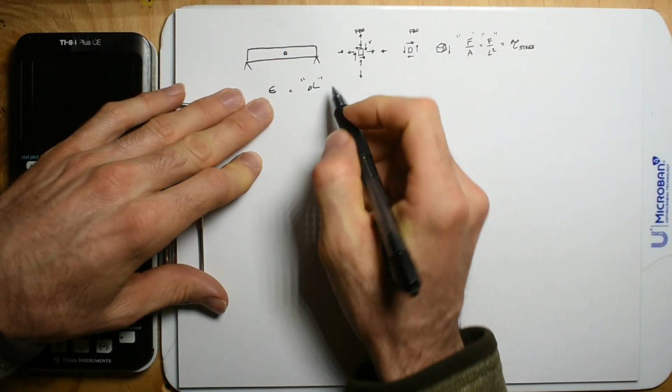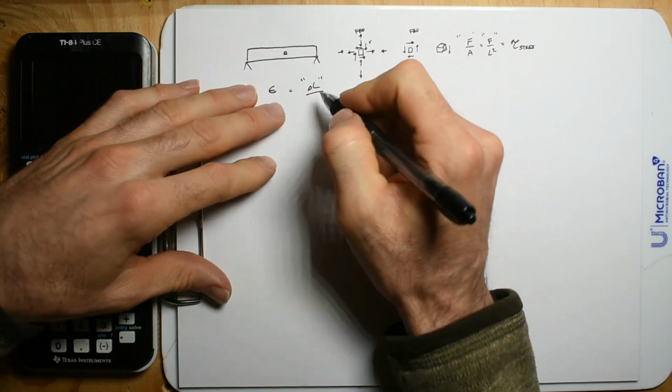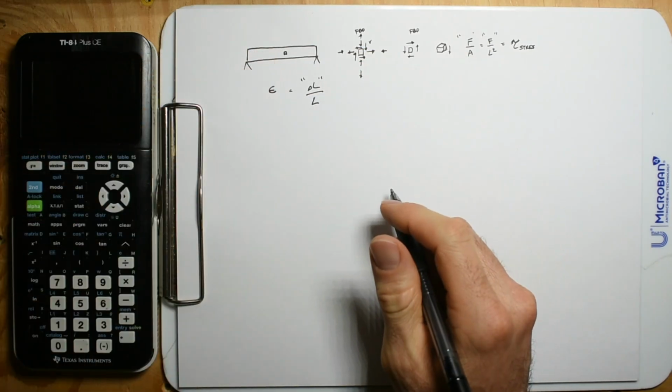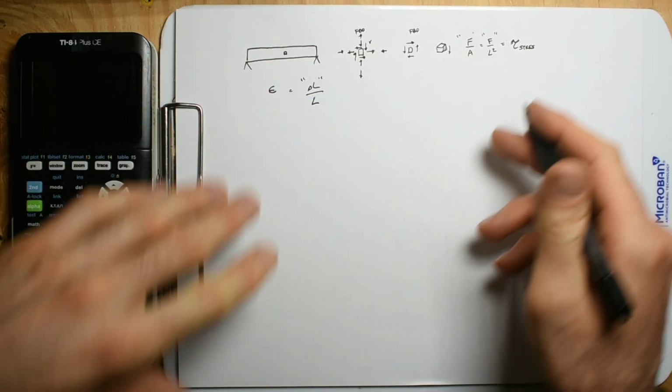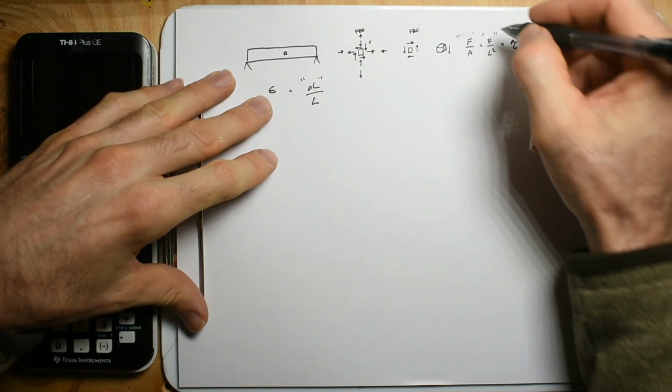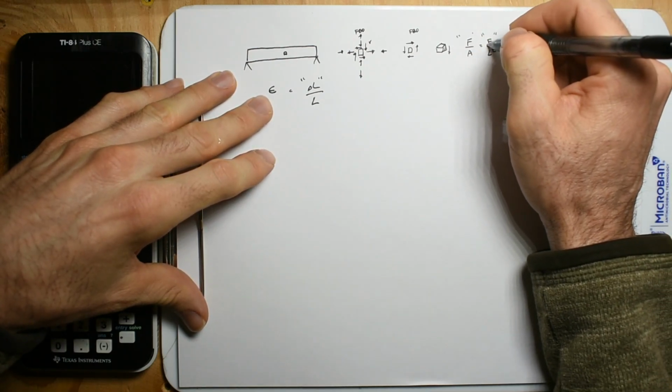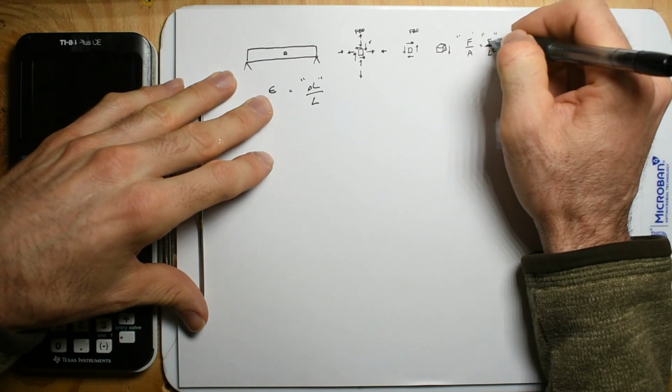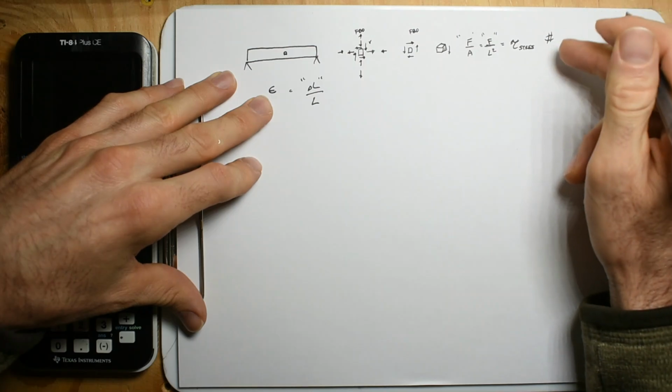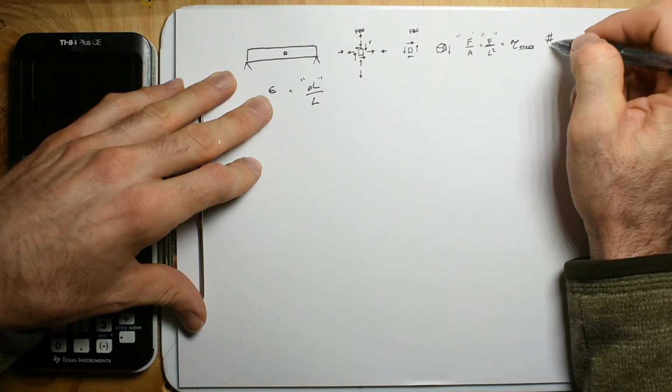Now what is strain? It's the change in length per unit length of something. And same thing with stress: stress is a force over an area. And this number in materials can only reach a certain quantity.